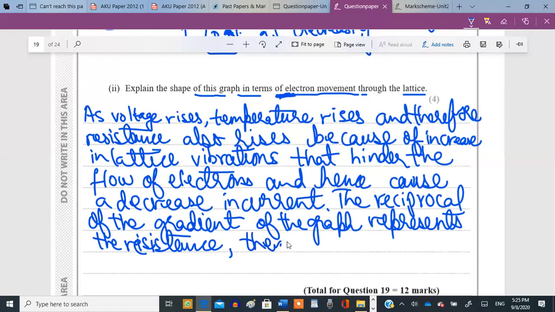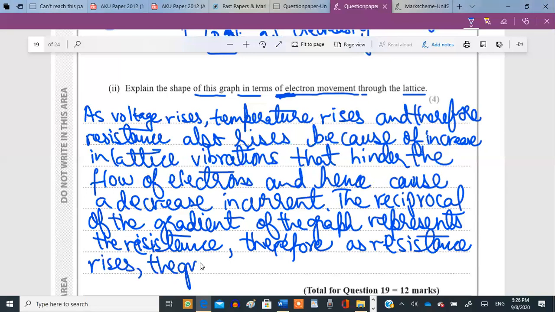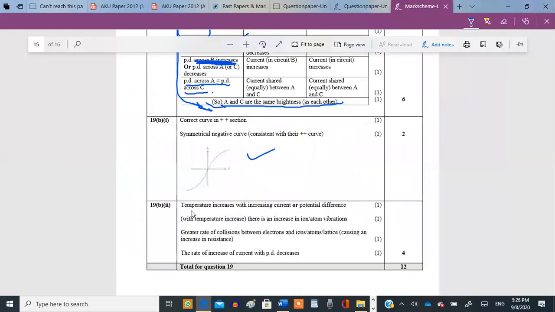Therefore, as resistance rises, the gradient of the graph decreases. Gradient falls. Okay, this is the explanation. I hope that's the answer.